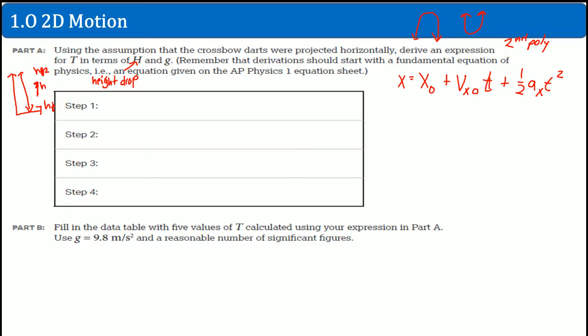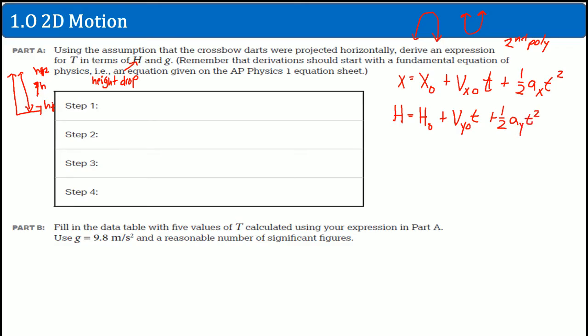What that means is this can be written in terms of this problem. Its final height is equal to your initial height plus v, your velocity. And is this x? No, it becomes the y. So the velocity in the y direction, initial, times time, plus 1/2 acceleration in y times t squared.